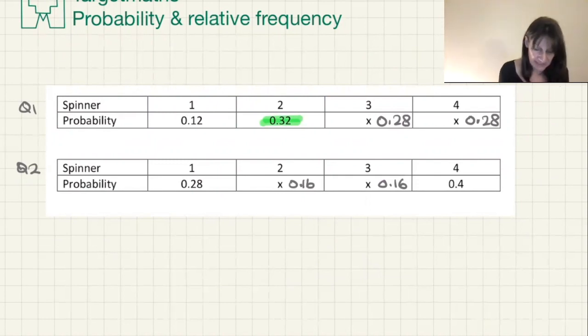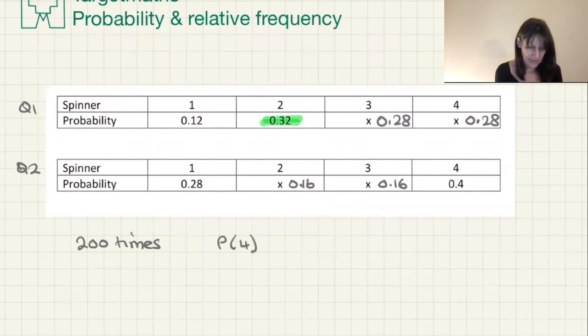So this time I'm going to say that the spinner is going to be spun 200 times. And I want you to tell me the probability of getting a 4. So hit pause and press play when you're ready.